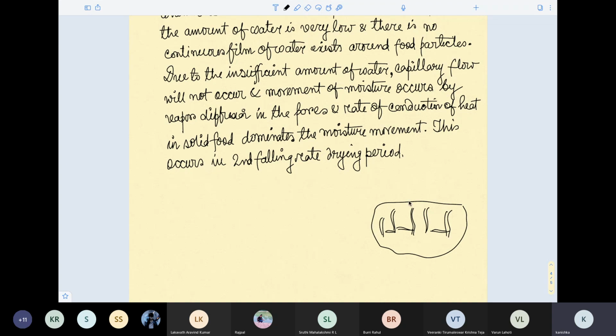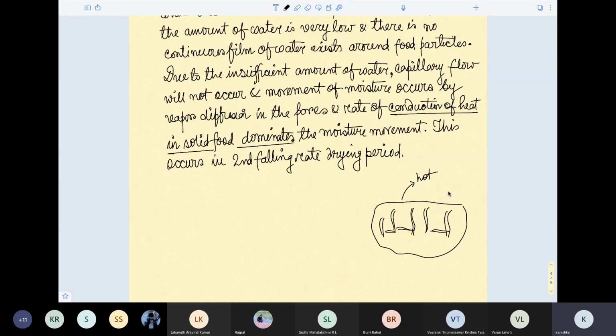When it reaches point D, the moisture content within the food product is sufficiently low, but it's not the level that we are targeting, and the moisture movement cannot occur due to capillary flow. Almost all the moisture is gone, and the product becomes very hot. So that's why we are saying that conduction heat transfer dominates the moisture movement.